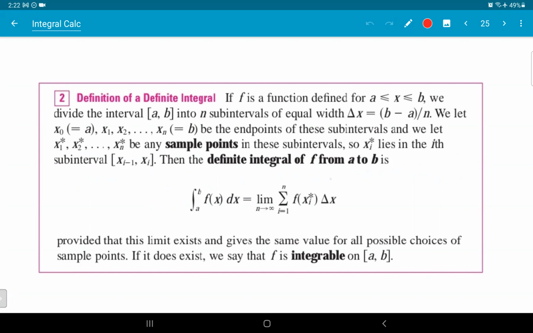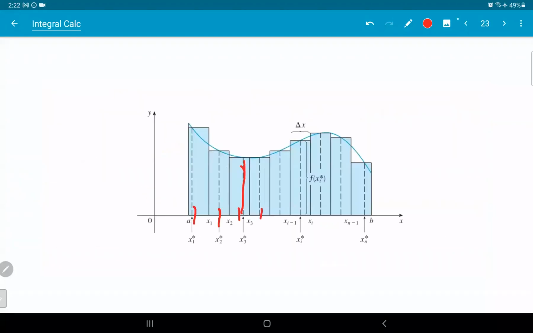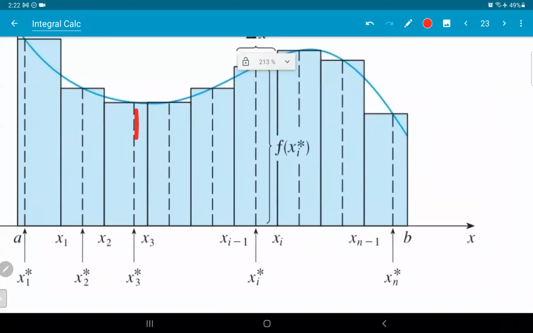So you see here, we have the sum of the areas of the rectangles, right? Each rectangle, for example this typical one, its height is at x sub i star.